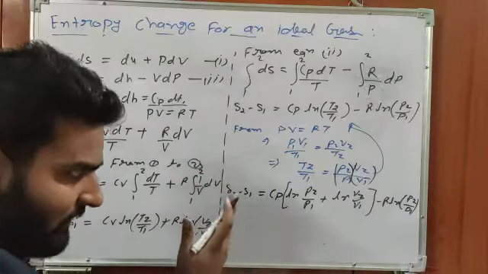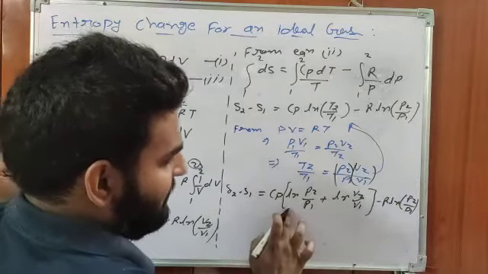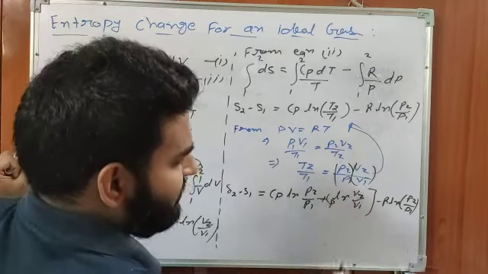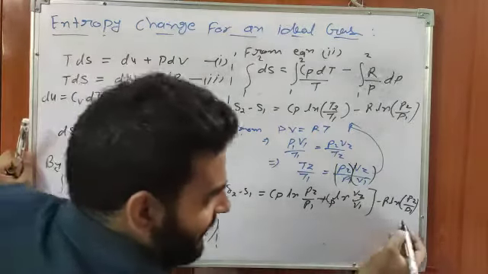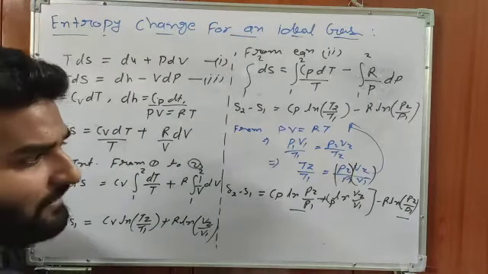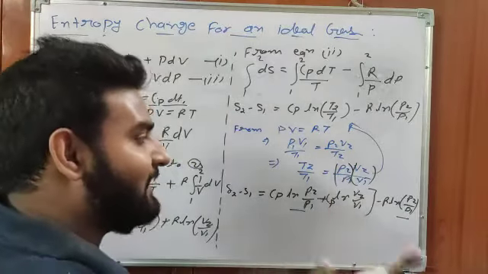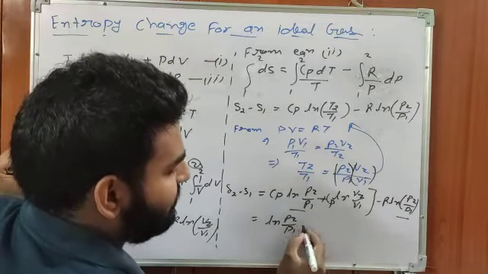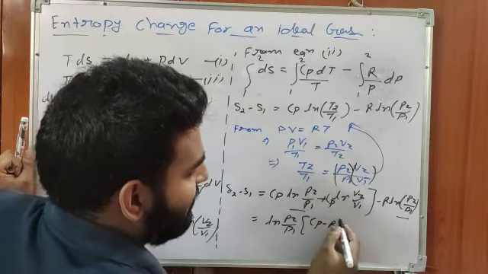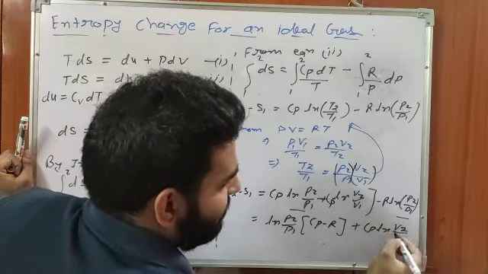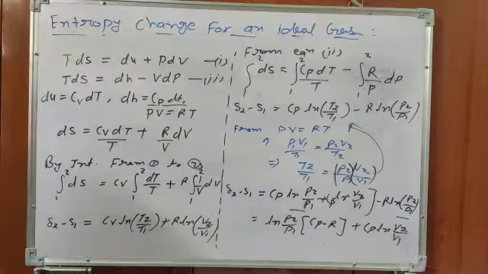Now multiply Cp through the whole equation. Here you have P2 upon P1, and here also ln P2 upon P1, so take it as common: ln P2 upon P1 times Cp minus R, plus Cp ln V2 upon V1.